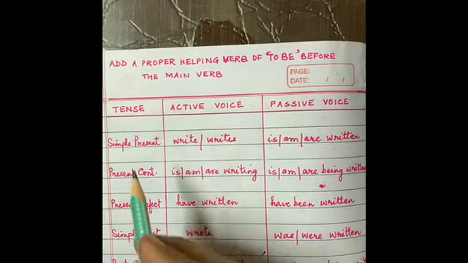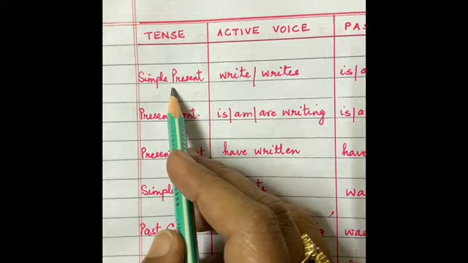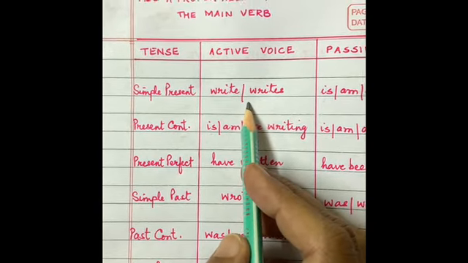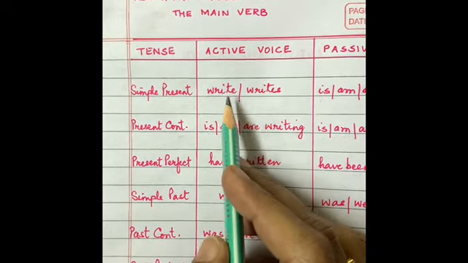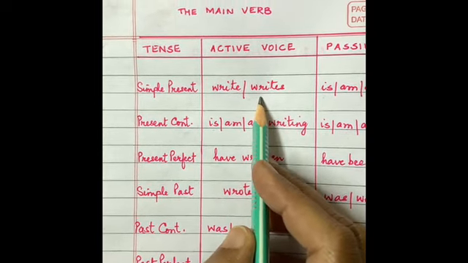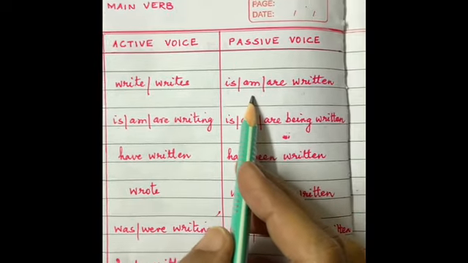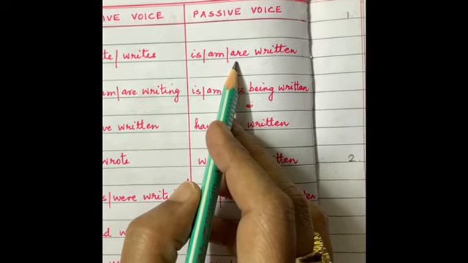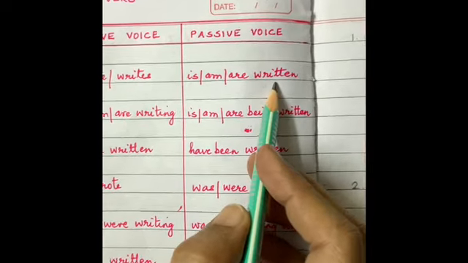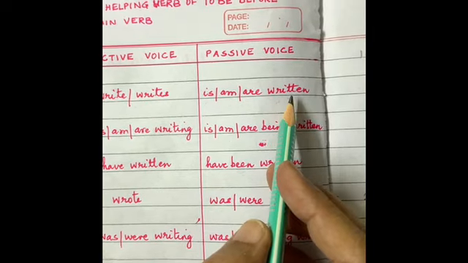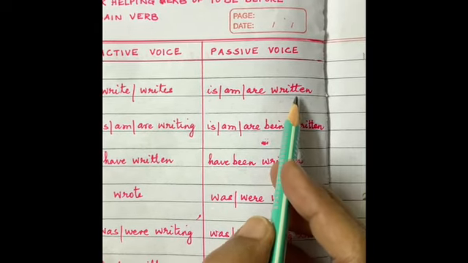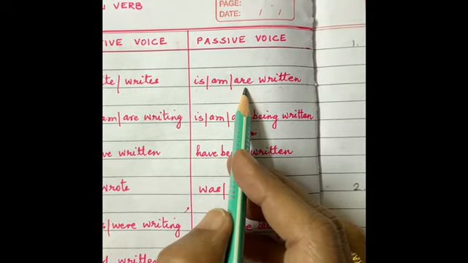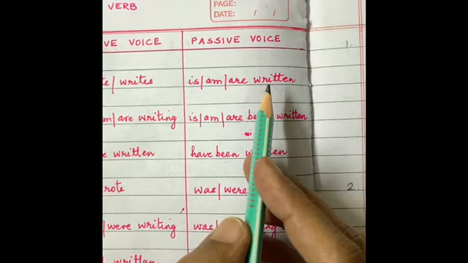Beginning with simple present, in active voice we have the verb's first form, write or writes. While in passive voice, we add is, am, are, and then written, depending on whether the object is singular or plural.